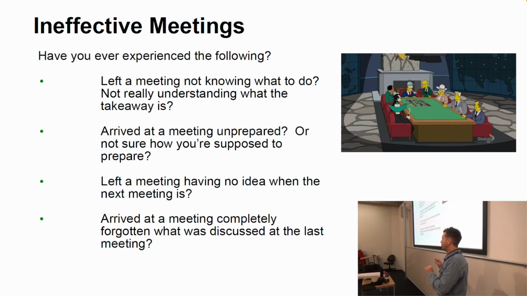You go away and you feel very lost because you have no idea when the next meeting is. You might arrive at a meeting and then forget, oh, what were we even talking about at the last meeting? I have no idea. I can't remember. That was before Christmas. Like, that information is gone out of my memory.